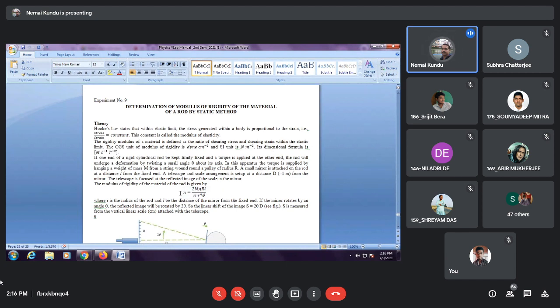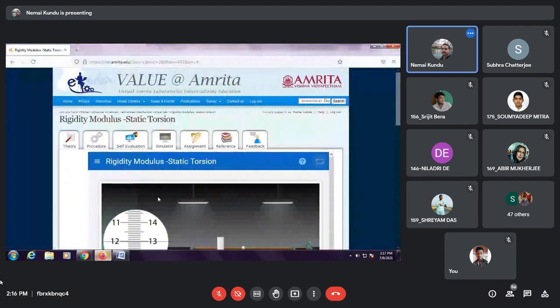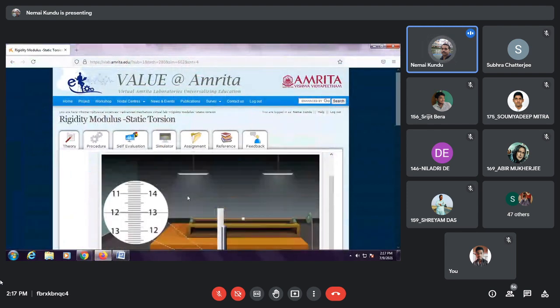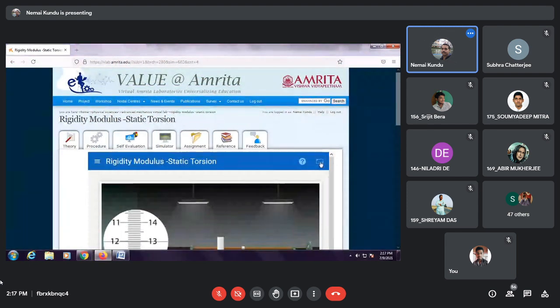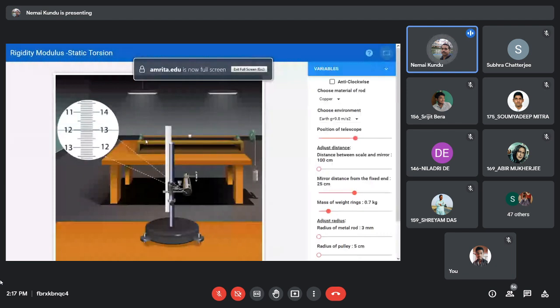Now if you see the simulation page, it is better to understand. Actually the setup is like that. This one is your experimental rod, that is a cylindrical rod, and this is the scale arrangement with a microscope, and this is your fixed end, and that is a mirror which is at a 25 centimeter distance from the fixed end.